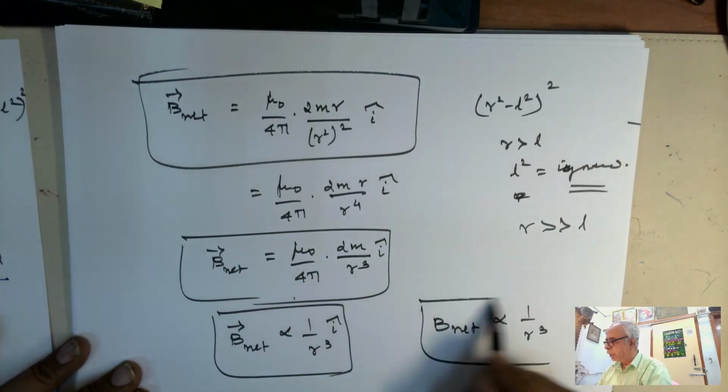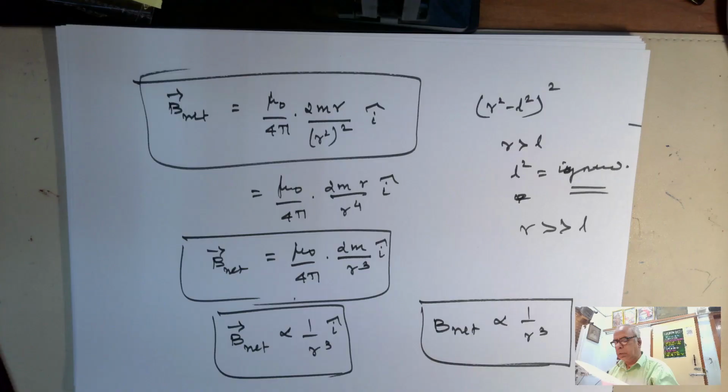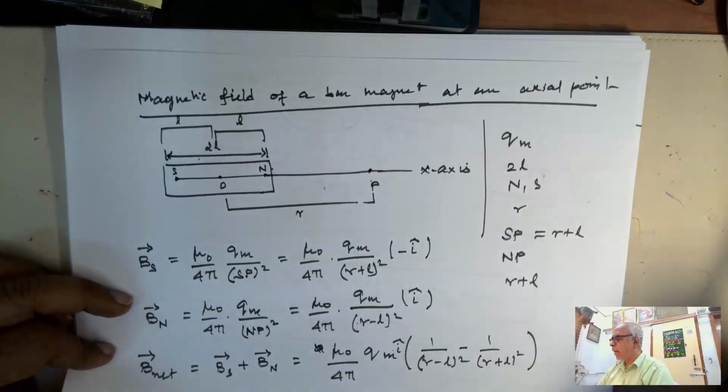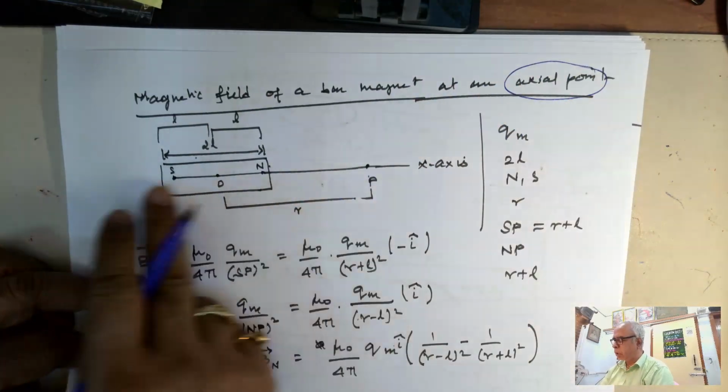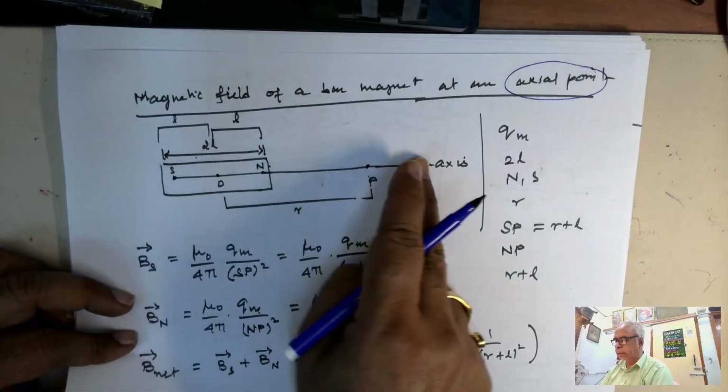So it means it is inversely proportional to r cube, the distance cube. So this is a very important relation. This is the derivation of magnetic field of a bar magnet at an axial point. Axial point means along the magnetic axis, when the point is along the axis.